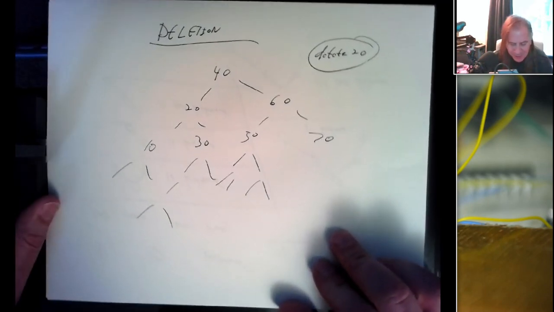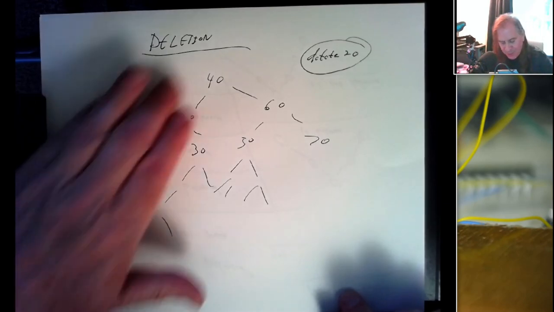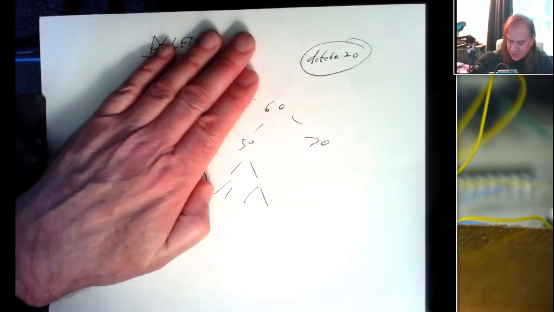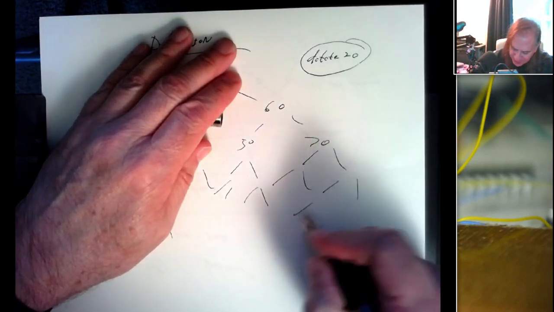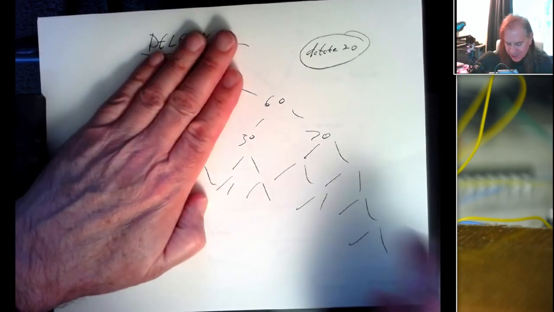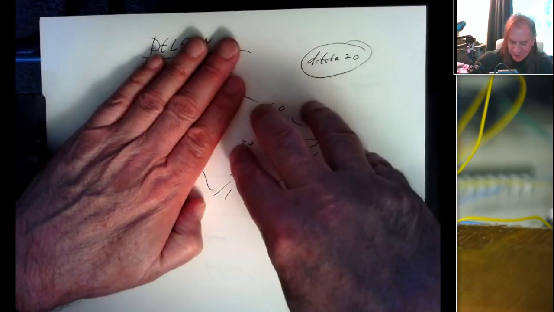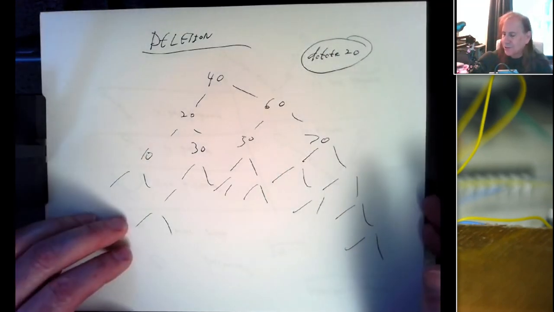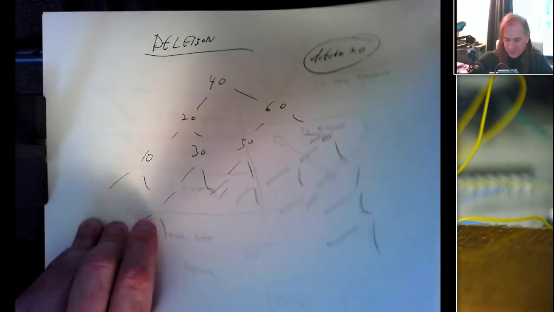And similarly, if we want to delete something that's bigger than 40, like say we want to delete the 70, well, we'll just say delete 70 from this tree, and there could be more stuff coming off of here. But we'll say, okay, just delete 70 from this tree and take that new tree, plunk it in right here, and we've got our original tree with 70 removed. So the recursive part is pretty easy.